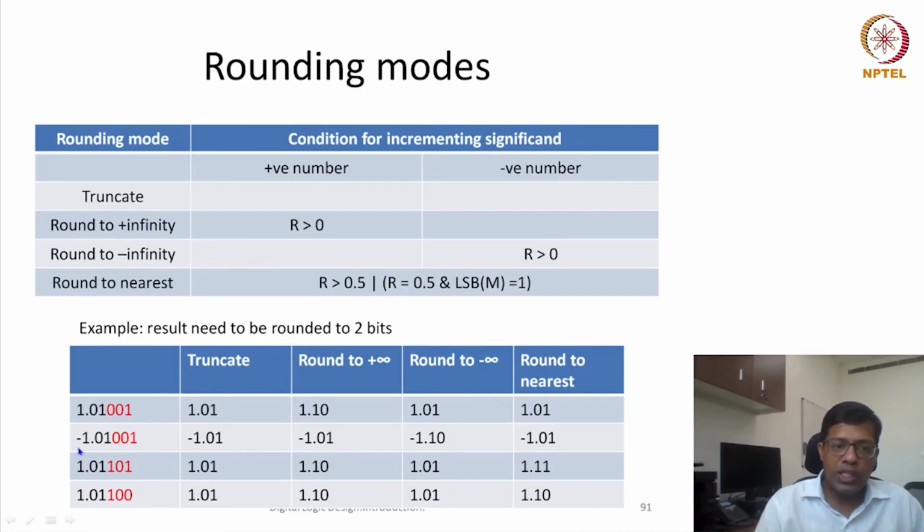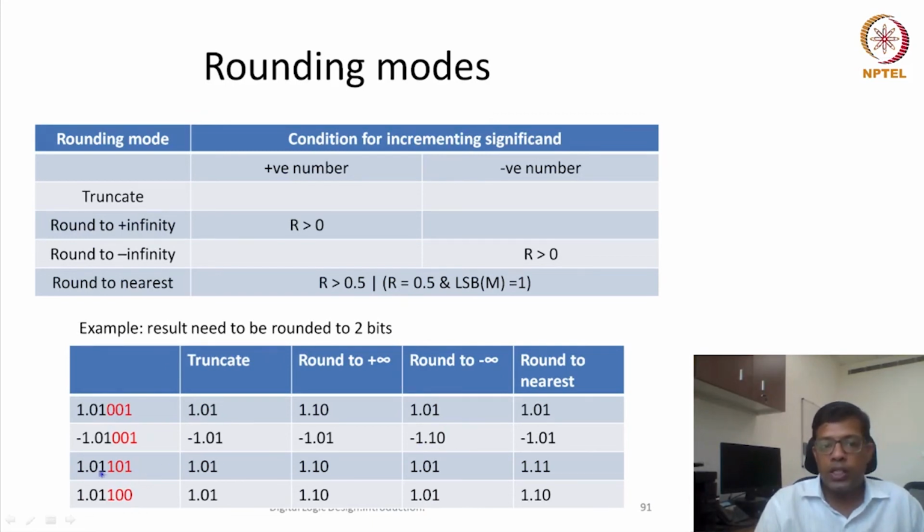So in this case, in the negative, this number minus 1.01001, the rest of the results are the same, but round towards plus infinity, I am not doing anything because the number is negative. But round towards minus infinity, I am adding 0.01, so that the final number is 1.10.